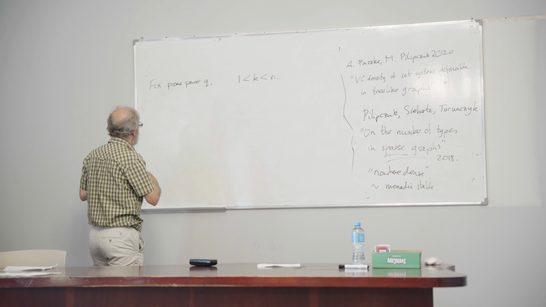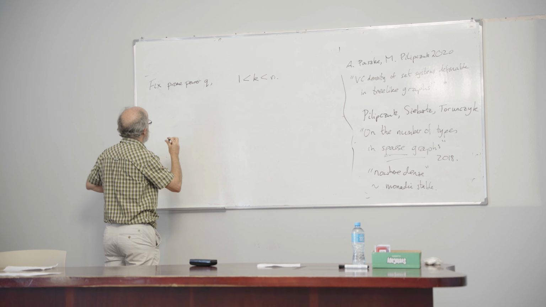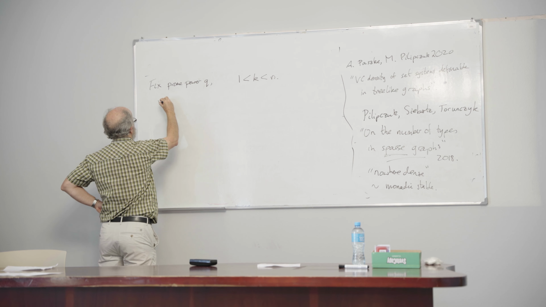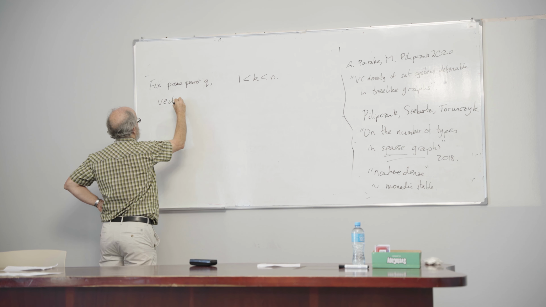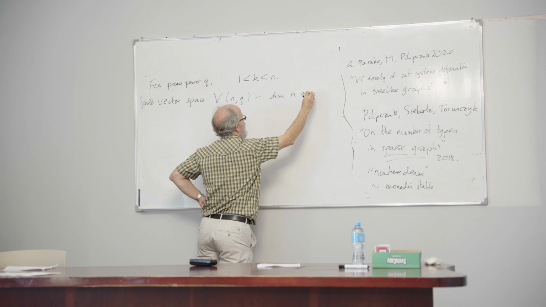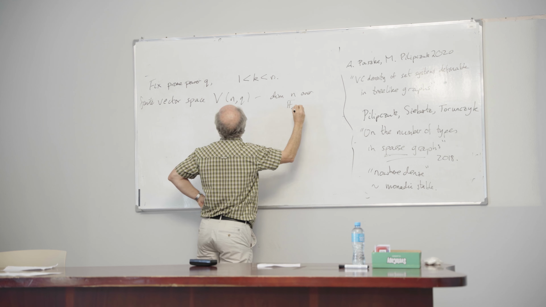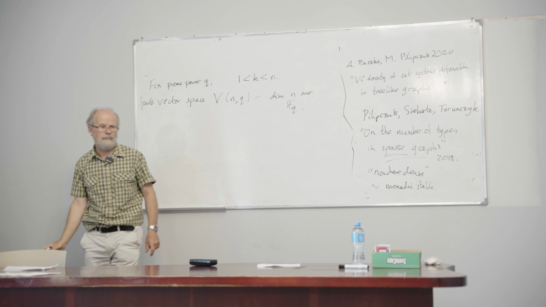And so we have the vector space V_n(q). So that's just a finite vector space, dimension n over F_q, the field of q elements, finite field F_q.